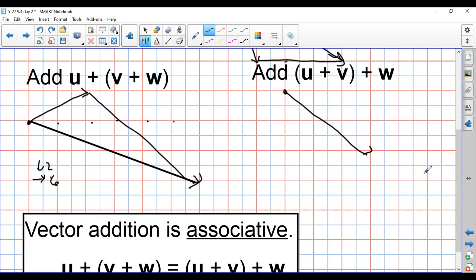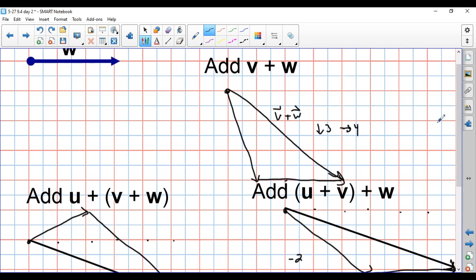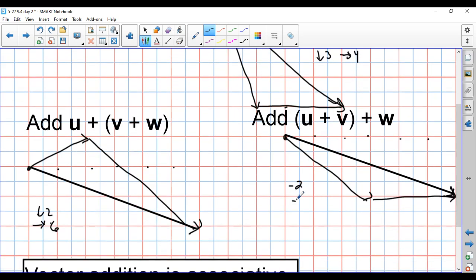W goes right 3. 1, 2, 3. And my final result, from the initial point to the terminal point, put the arrowhead on it, always, always, always, goes down 2 and goes right 1, 2, 3, 4, 5, 6. It's the same vector. So it's down 2 and right 6, which is the same for both.